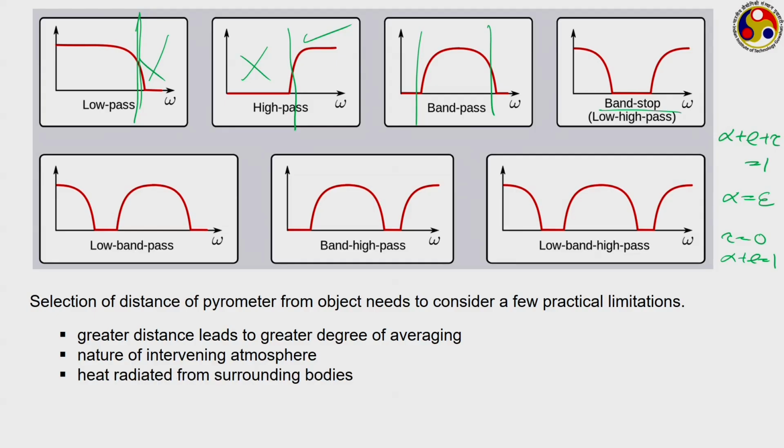The heat radiated from surrounding bodies also can affect your reading, because your sensor often is not able to recognize the difference between the emission coming from the actual source and the emission coming from some unwanted surrounding object. Uncertainty involved in the source emissivity is a big factor, as I have just mentioned, so we need to have a proper idea always.